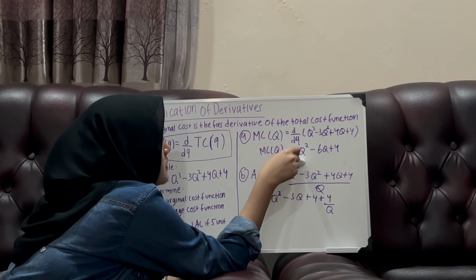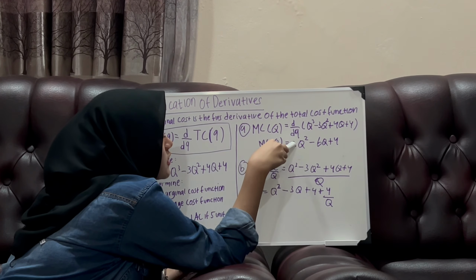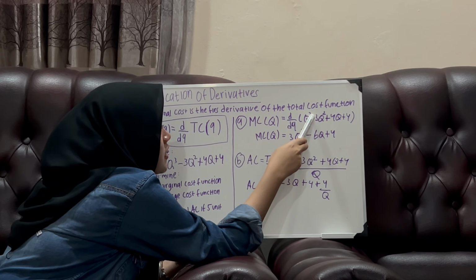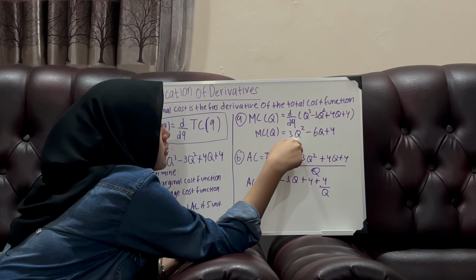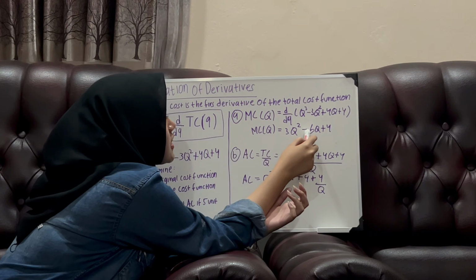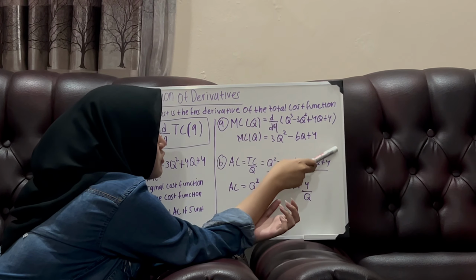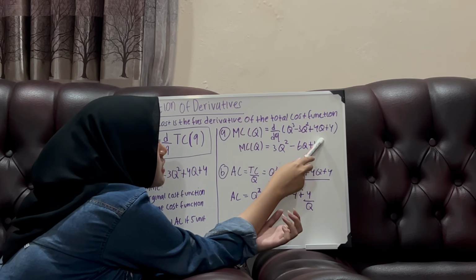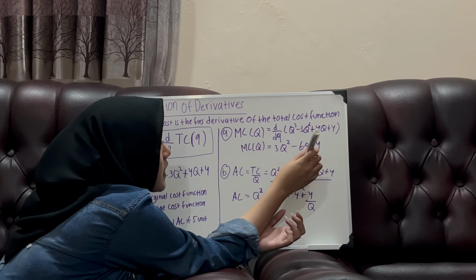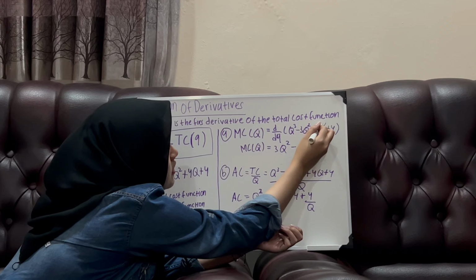This is like this because the cube moves to this, and the cube minus 1, so 2. So this is like this, 6Q because 3 times 2. And this is why nothing Q, because the Q is nothing.